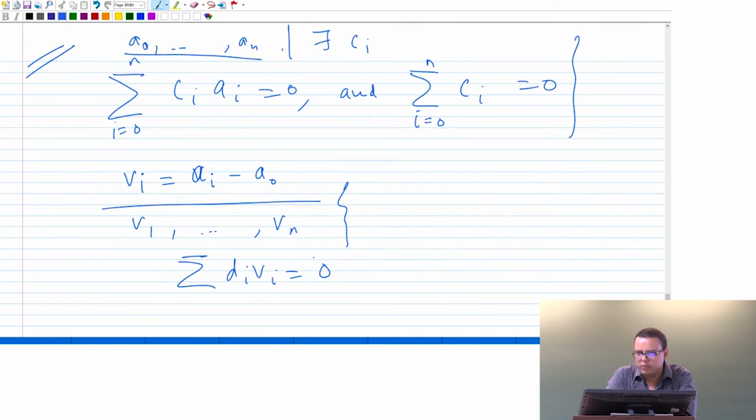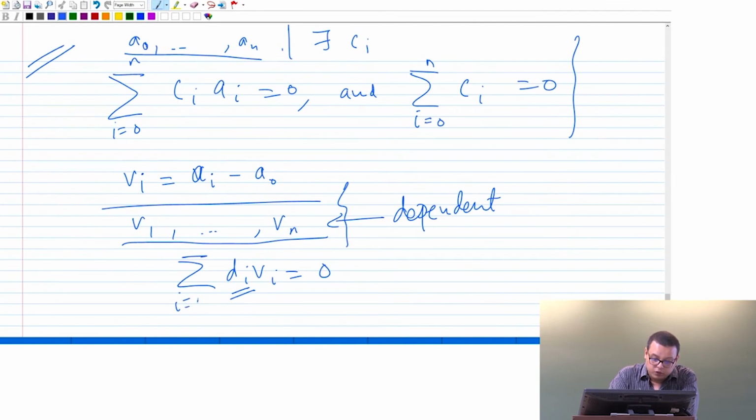If this set of vectors is dependent, then I can find di's, where i goes from 1 to n.